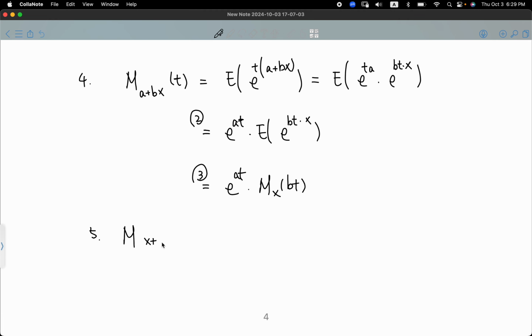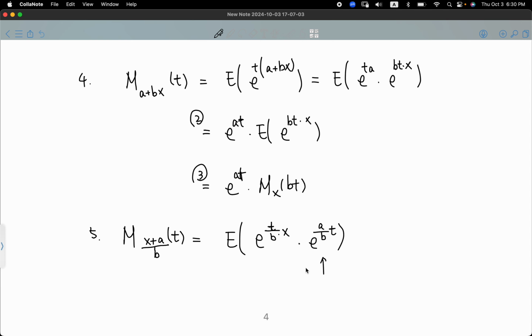So x plus a over b, as a function of t, and then you will have the expected value for e raised to the power of t over b multiplied by x, and then multiplied by e of, let's see, a over b multiplied by t.